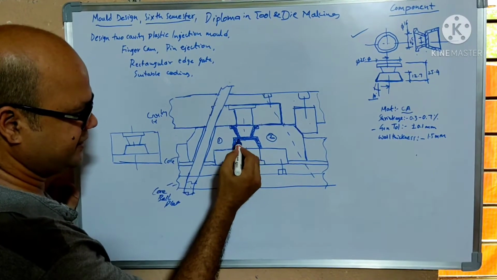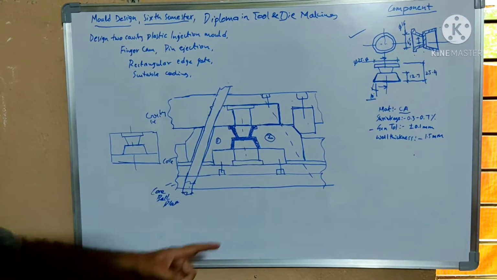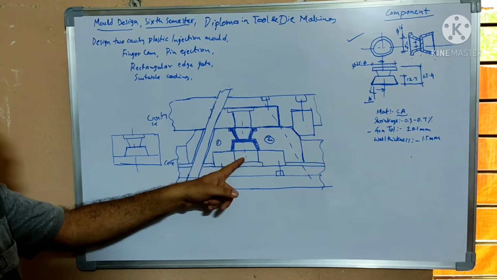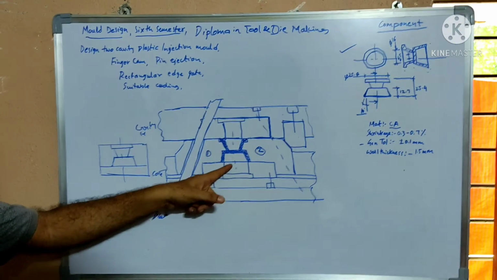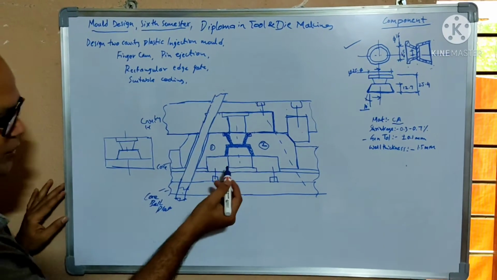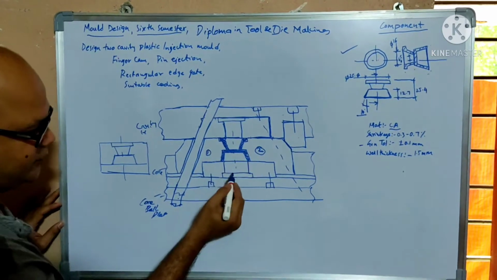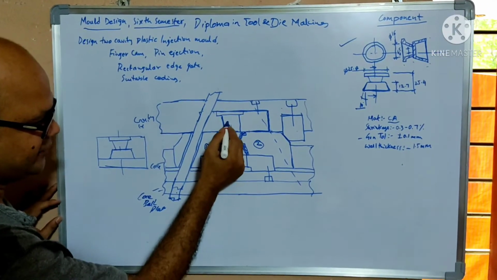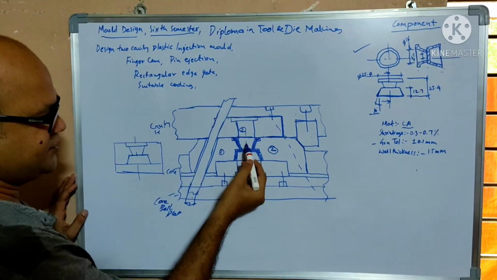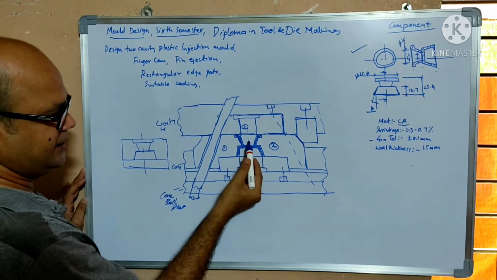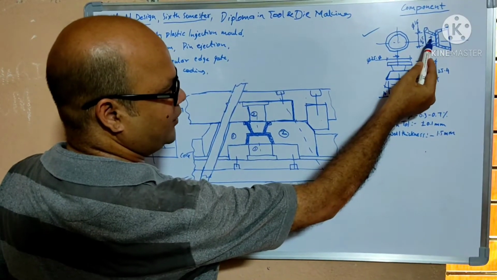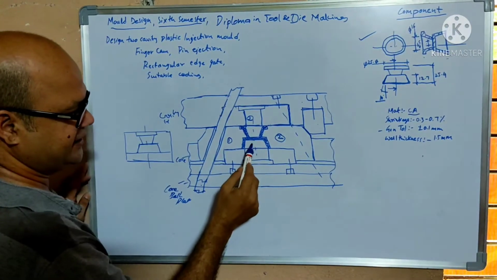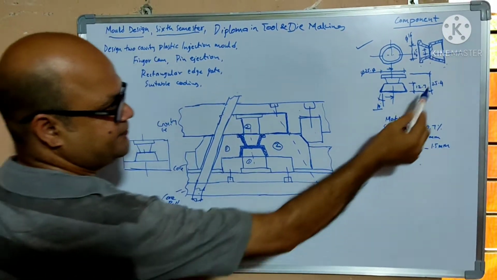You are seeing the component here, and you are seeing that two local core inserts are used, one core here and a second core here. This is formed by the component here. This one is this, and this impression is this one.